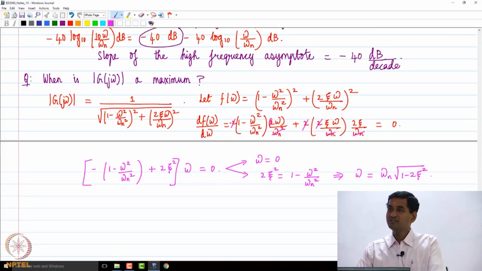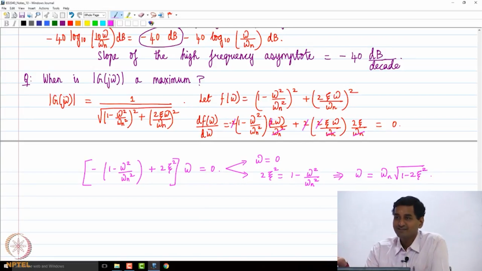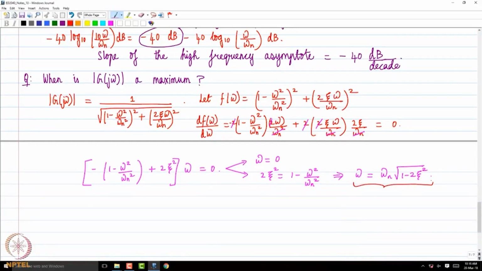Now, when will this solution be a real number, because we are dealing with frequencies? I want a positive real number. When will this solution exist? This exists only when 1 minus 2ζ squared is greater than 0, or in other words, ζ should be less than 1 over root 2, which is approximately 0.707. Anyway, ζ is a positive number.